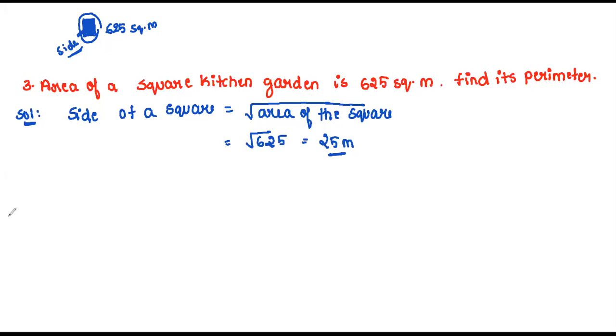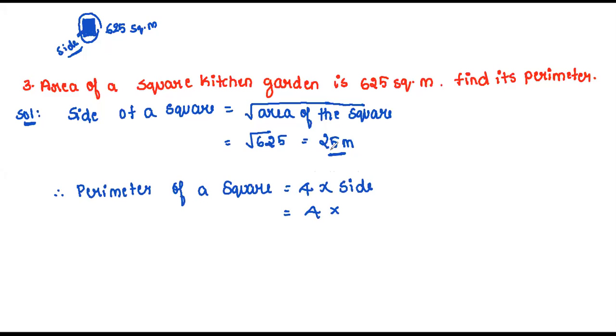So then how to find the perimeter? The perimeter of a square is equal to, what is the formula we use to find the perimeter? 4 into side. What is the side you have got here? 25.